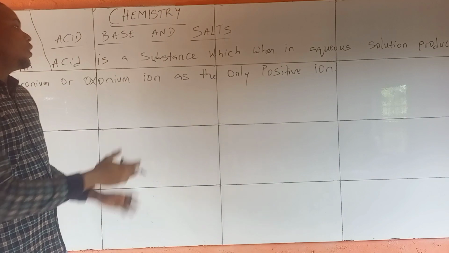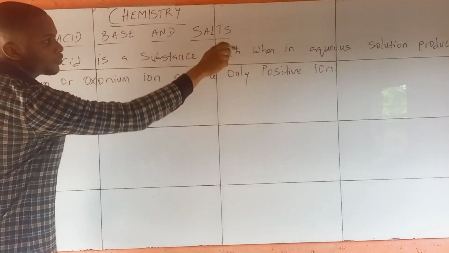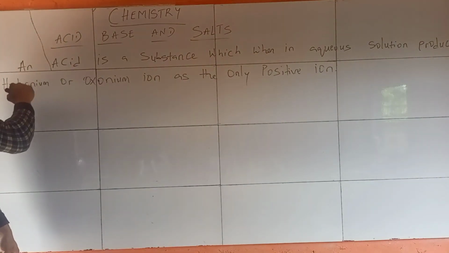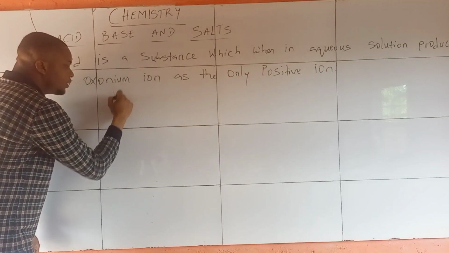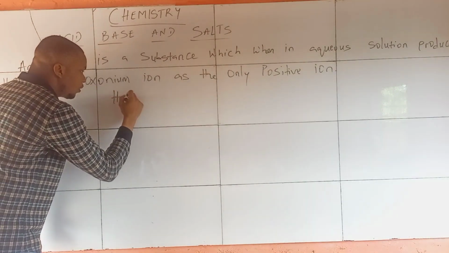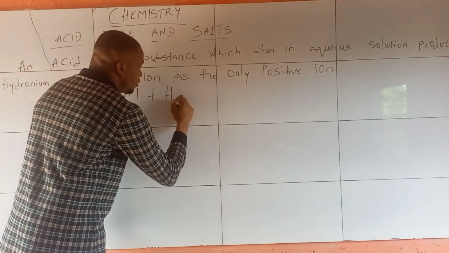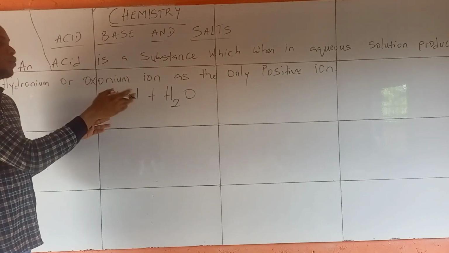Positive ion. To bring this out in reality, like an equation, you said an acid is a substance which, when dissolved in aqueous solution, produces what? Hydronium or ozonium as the only what? Positive ion. So let's go with HCl, hydrochloric acid, plus water. Let's see what a combination of this will give us.